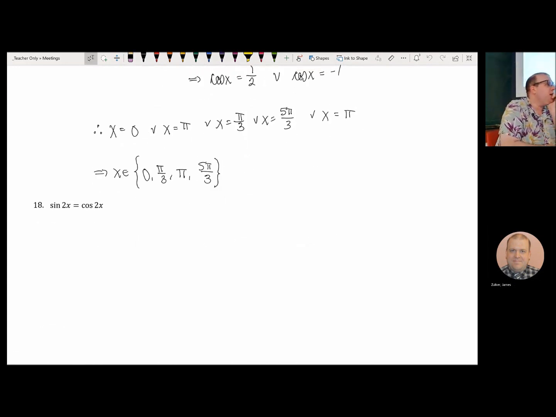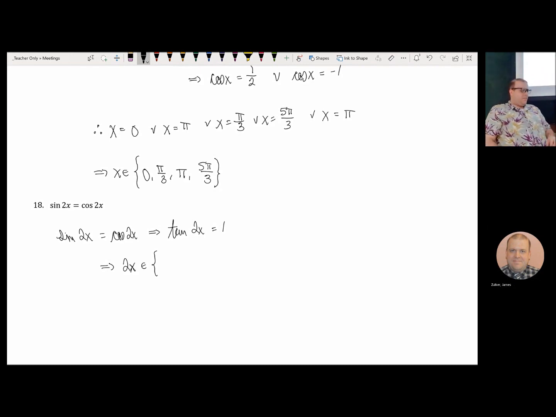Sine 2x equals cosine 2x. That would mean tangent of 2x has to be 1, right? Where's tangent equal to 1?